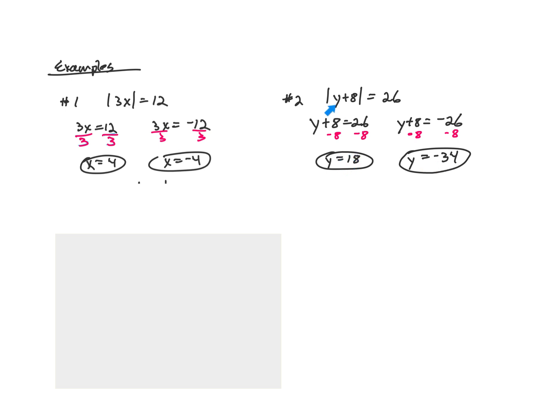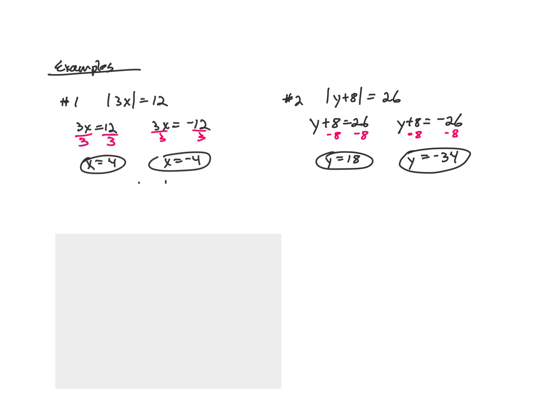If you plug 18 into the original problem, 18 plus 8 is 26, so the absolute value of 26 equals 26. However, if you plug negative 34 into the y, negative 34 plus 8 is negative 26, but the absolute value of negative 26 is 26. So you have two solutions.